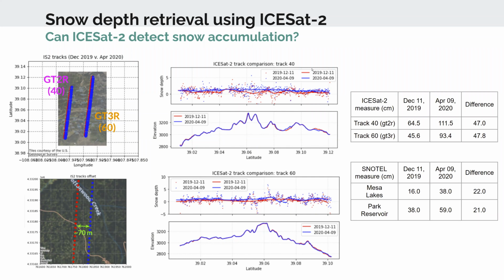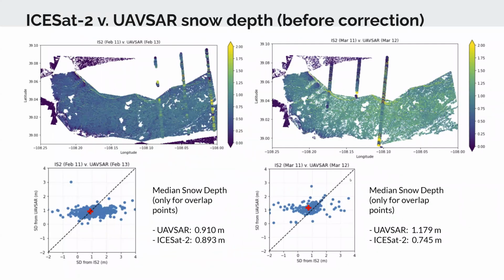If you see the snow accumulation between these 2 dates from ICESat2, you can see the difference is about twice the snow measurement difference from the SNOTEL site. So yeah, and we will compare ICESat2 with UAVSAR.